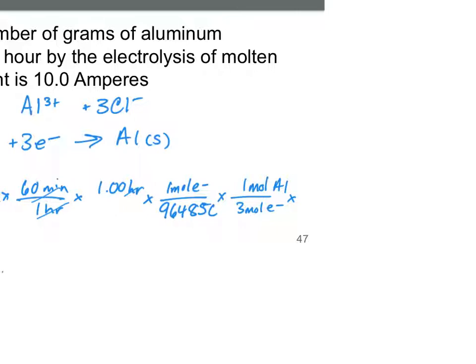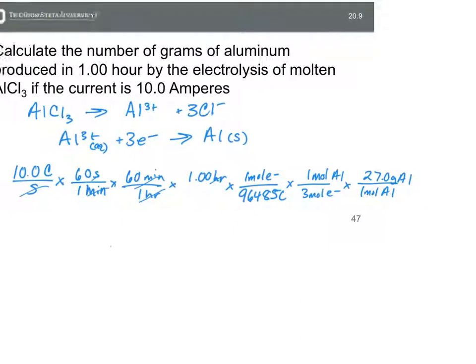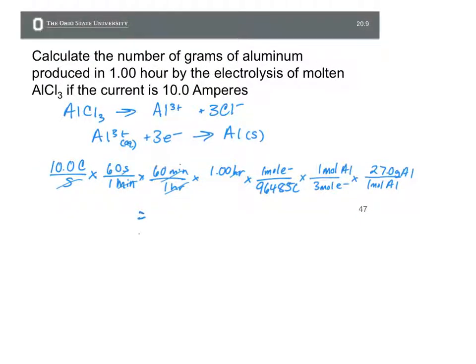And then you go from moles of aluminum to mass of aluminum, 27 grams per mole. 3.36 grams of aluminum.